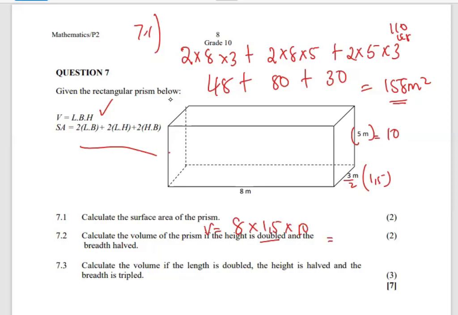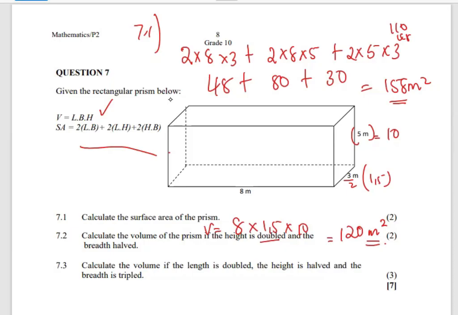Does that make sense though? That is 7.2, volume if the height is doubled and the breadth is halved. Yes, it makes a lot of sense. Let's do the substitution. So 8 times 1,5 multiplied by 10, I'm getting 120. So 120 meters squared. All right, so that is that.